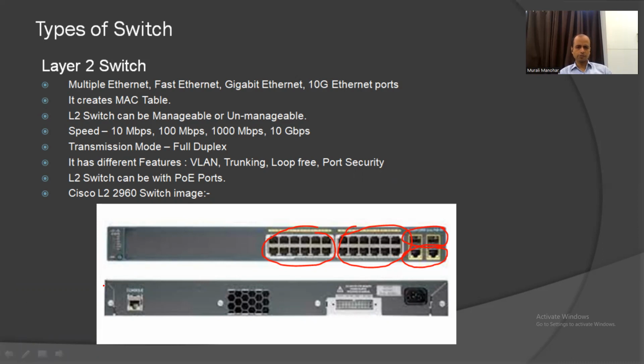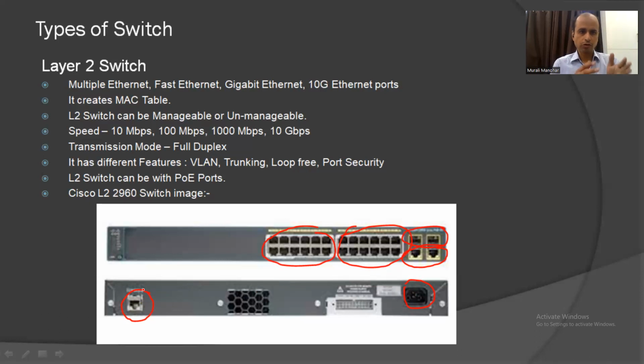Now, if we talk about the back panel of this switch, there is just an exhaust portion of the switch. This slot is for AC power. But this is a console port. With this port, we can connect a computer to the switch for configuration.